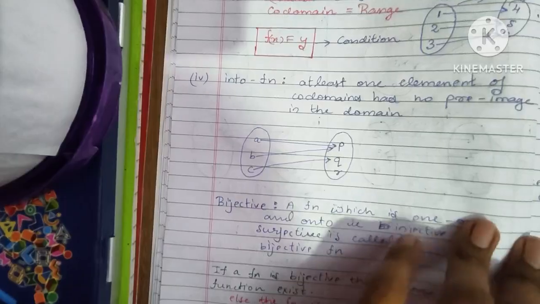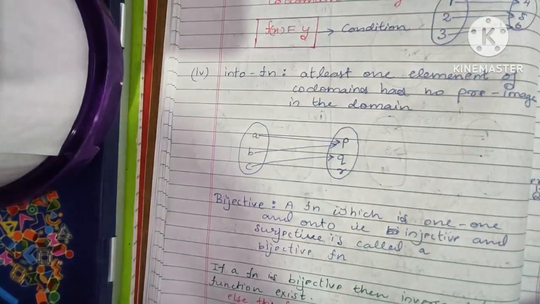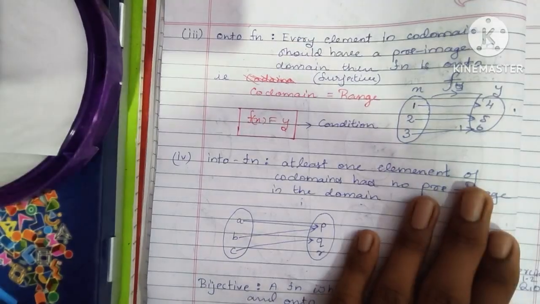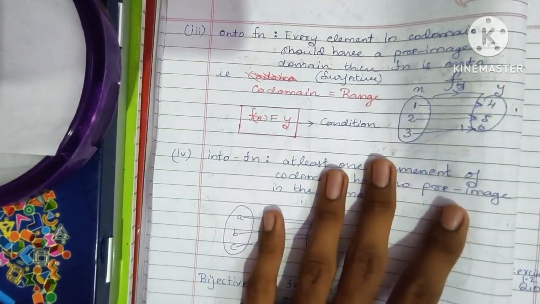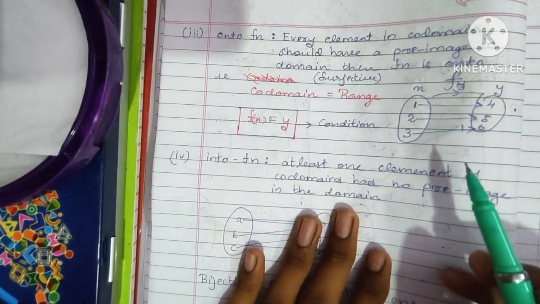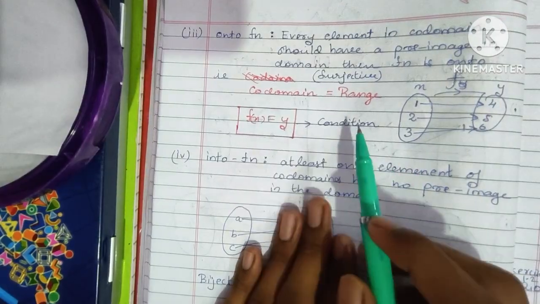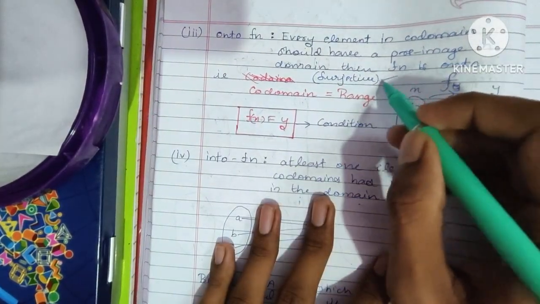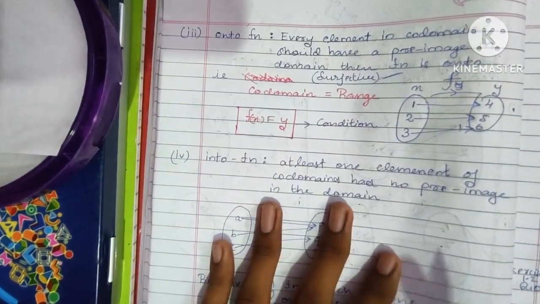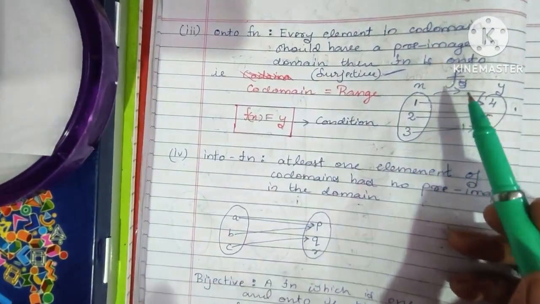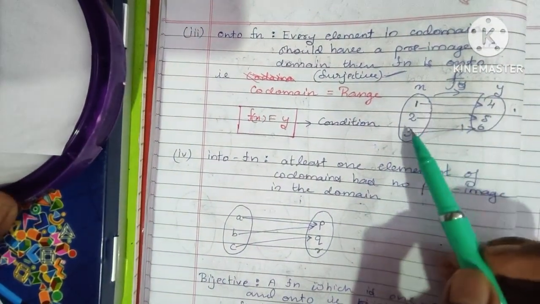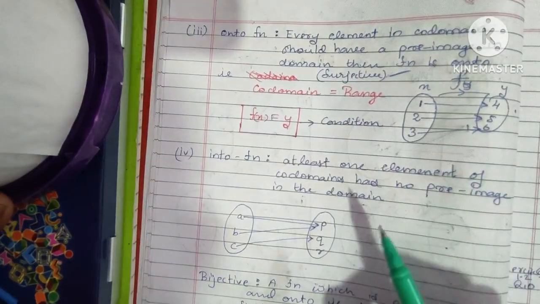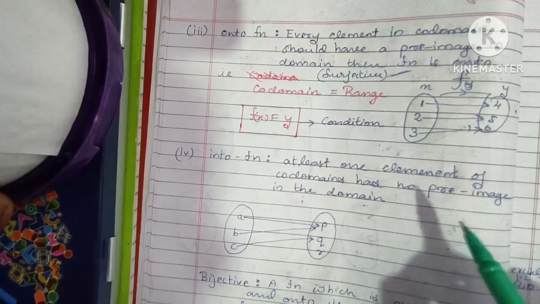Next is onto function. Every element in the codomain should have a pre-image in the domain. Then the function is onto, and another name for onto function is surjective function. So I have drawn an arrow diagram here, you may look. 1, 2, 3, 4, 5, 6.